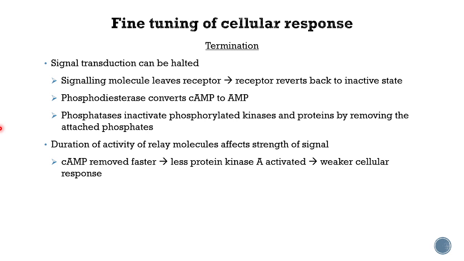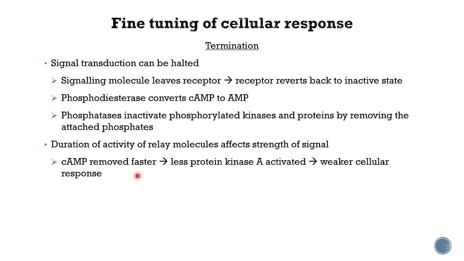For example, with adenylyl cyclase, it is activated when the receptor is bound by the ligand. In the example we had earlier in the previous video, the G protein is activated, and the G protein activates adenylyl cyclase. So the adenylyl cyclase stays activated for a while.